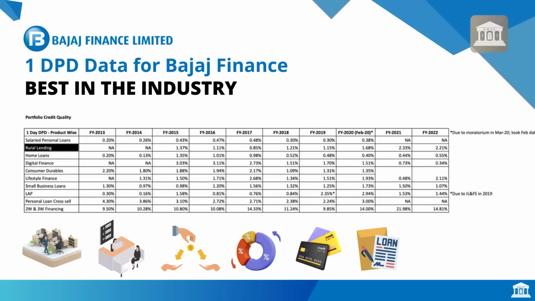Whereas in rural lending, when COVID came, it went up to 2.23%. Home loans are also less than 1%. Digital finance is also less than 1%. Consumer durables are less than 1.5%. In small business loans, it is also less than 1.5%. In personal loans cross-selling, it is less than 3%. Only in two-wheeler and three-wheeler financing, it is more than 14 to 15%.